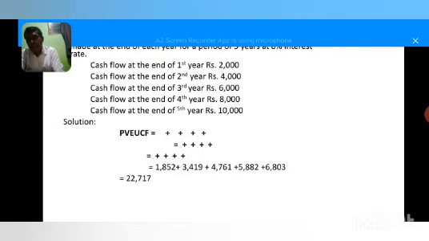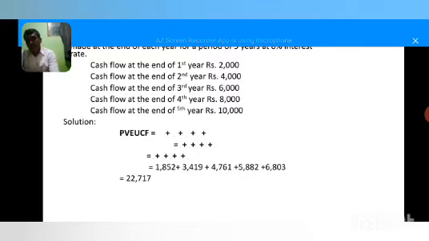Now we can adopt the formula: first year 2000 divided by 1.08 to the power of 1, plus second year 4000 divided by 1.08 to the power of 2, plus third year 6000 divided by 1.08 to the power of 3, plus fourth year 8000 divided by 1.08 to the power of 4, plus fifth year 10,000 divided by 1.08 to the power of 5.